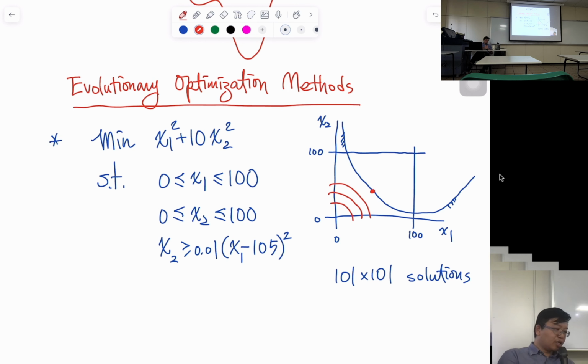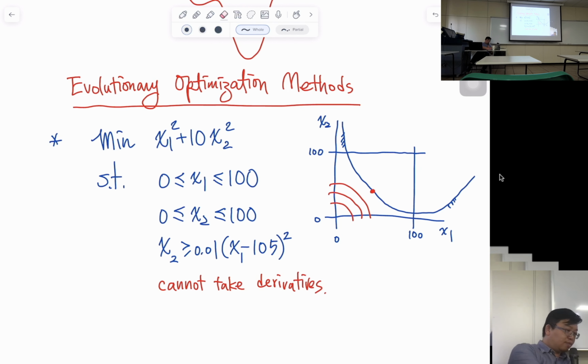But over here, let's say we cannot take derivatives. Okay? For some reason you just can't. So all the methods that we have learned require derivatives. Right now, if we cannot take derivatives, how can we solve this problem? Even though it doesn't look so difficult, without derivatives, we really don't know what to do.